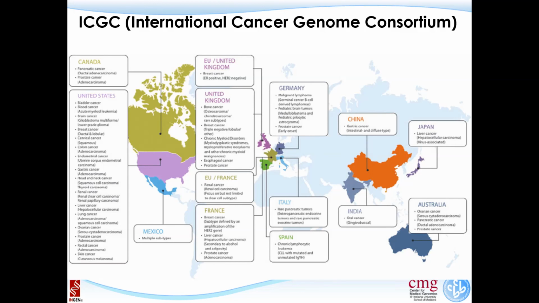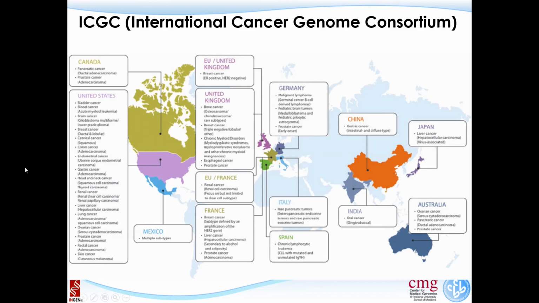Another project that is very relevant is called the ICGC project, International Cancer Genome Consortium. And again, by name, you know this is a cancer project. This is the international effort. And now TCGA has become one of the components in the ICGC.